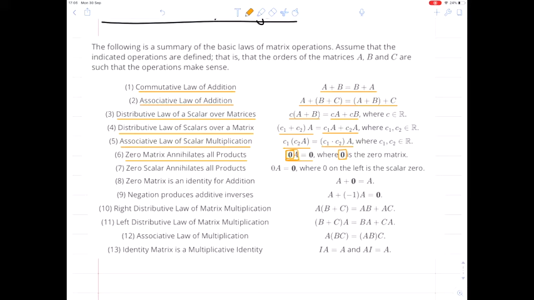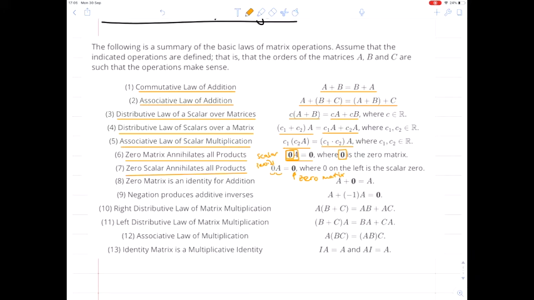On the other hand, if we think about the scalar 0, just the number 0, and multiply it by a matrix, then we get the 0 matrix. So that behaves exactly as we thought.